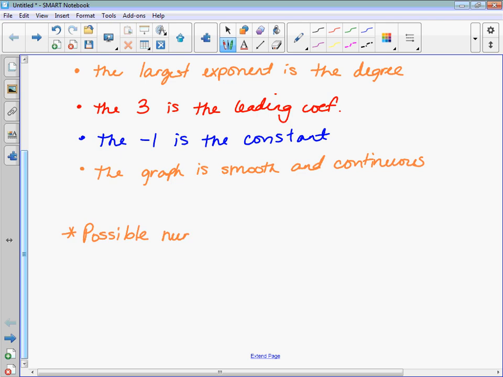Possible number of turning points. So we're talking about the graph, like when it changes from increasing to decreasing, that sort of thing. That's a turning point. That is always the degree minus 1, or you might see it written as n minus 1.